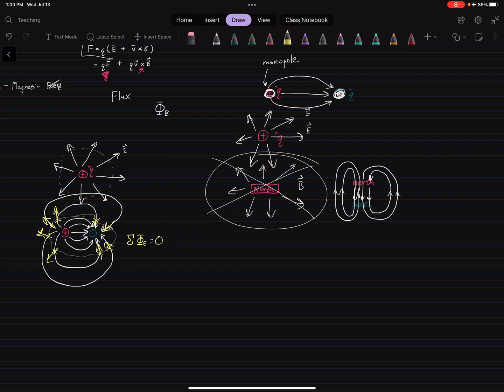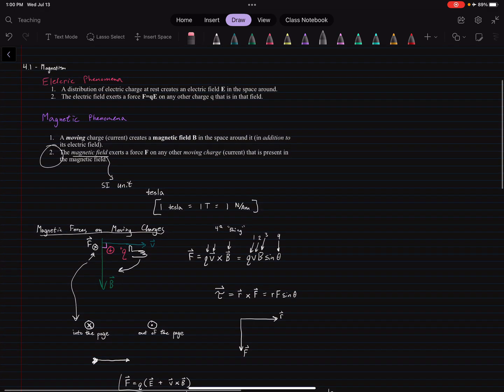A Gaussian surface is a concept that applies just as much to magnetic as it does to electric, because it's just an imaginary enclosed surface around the thing. So if we did a surface around this thing and considered the net flux, there's an equal amount of north and south, and so it's the same thing over here.